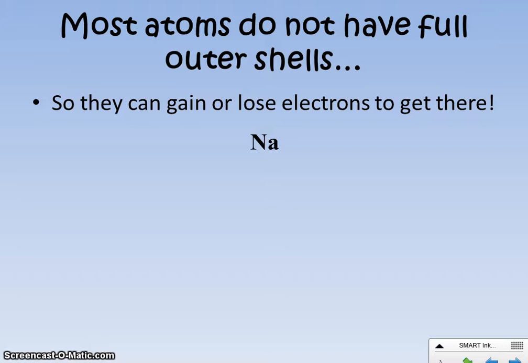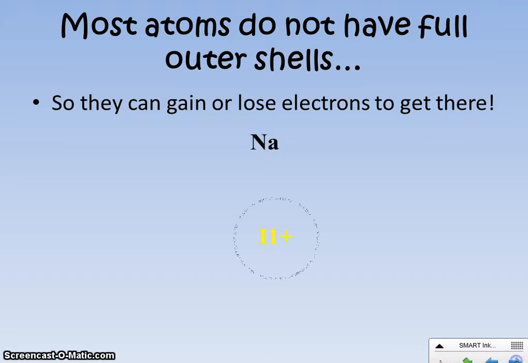According to the information on the periodic table, what is sodium's atomic number? Sodium has an atomic number of 11, which means it has 11 protons. So I'm just going to write 11 pluses, because protons are positively charged, if you remember from last trimester. And because atoms are neutral, if it has 11 protons, it has 11 electrons.